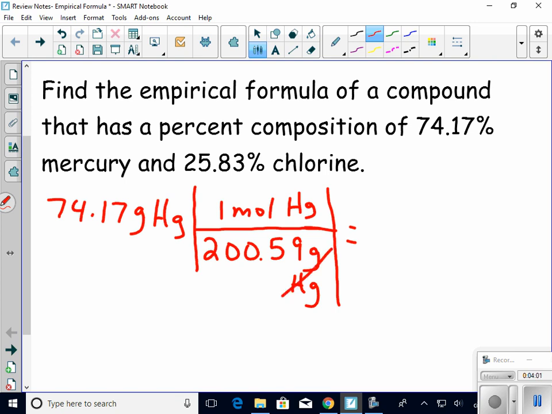My grams of mercury cancel. I'm going to get my answer in moles. So when I do my math, I take the 74.17 and I divide it by 200.59, and I come up with 0.3697.